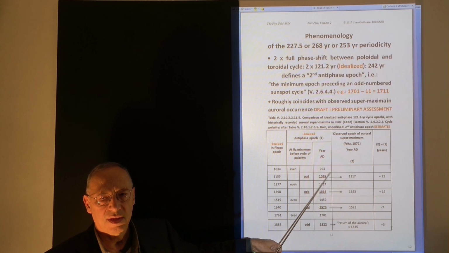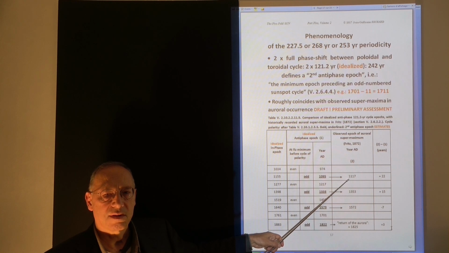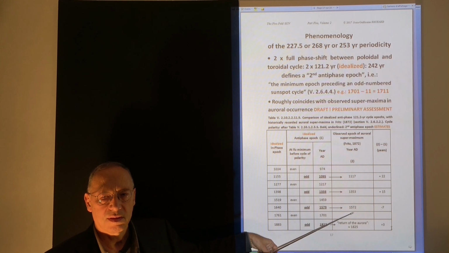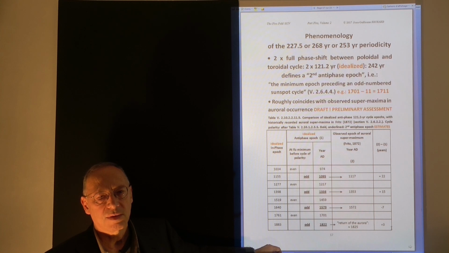And you see that the so-defined antiphase epoch coincides approximately with the epoch found in the observations by Fritz around this epoch, and finally 1822-25, which is well known from Dalton's work as the date of the so-called return of the aurora after its suppression from 1800 to 1820.